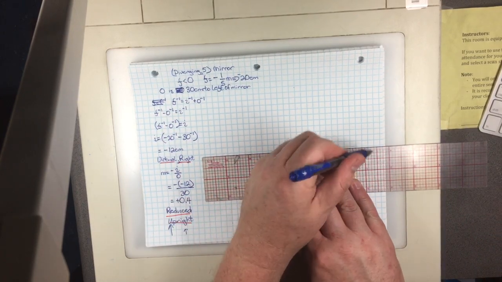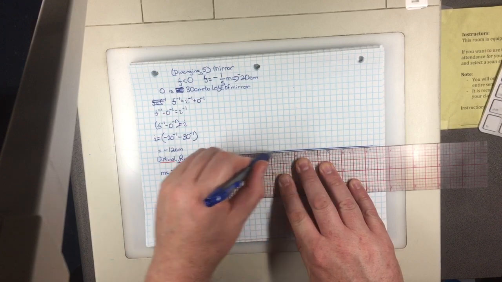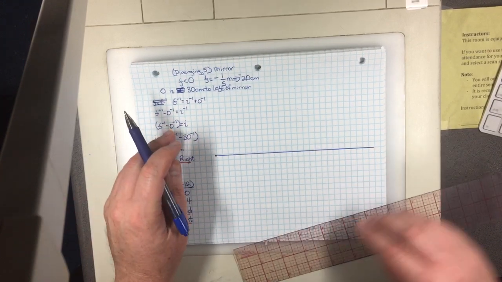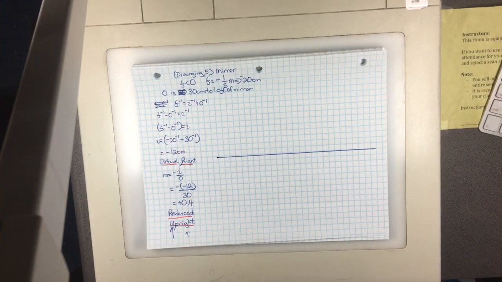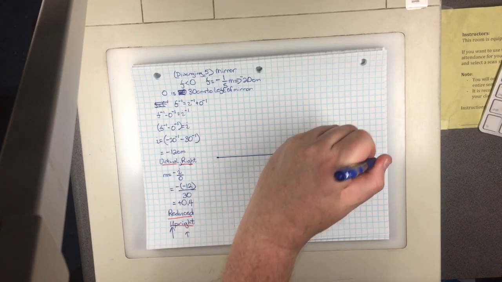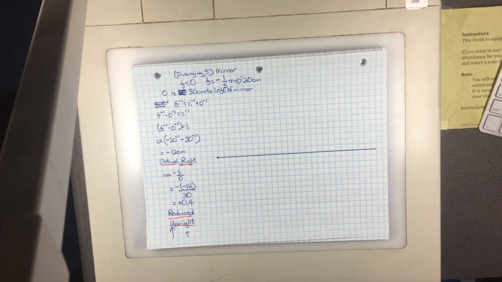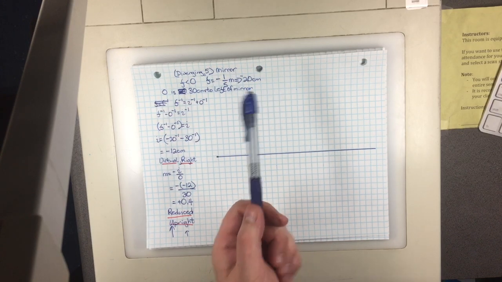We place our optical axis right down the middle. Now I got to make a choice. I'll take the furthest to the right and say that the furthest to the right is that guy.